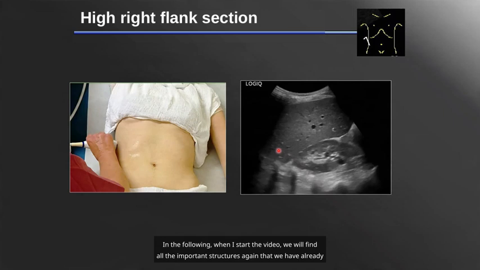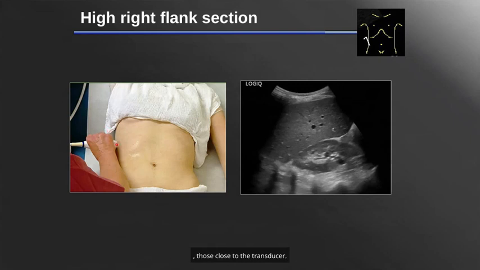In the following, when I start the video, we will find all the important structures again that we have already learned about with the gallbladder infundibulum, the portal vein, the right hepatic vein, and the right kidney, but we will also clarify which segments of the liver we have not yet looked at. Namely, these are the ones that lie directly under the transducer, i.e. those close to the transducer. These will be the segments here that we have not been able to visualize before.